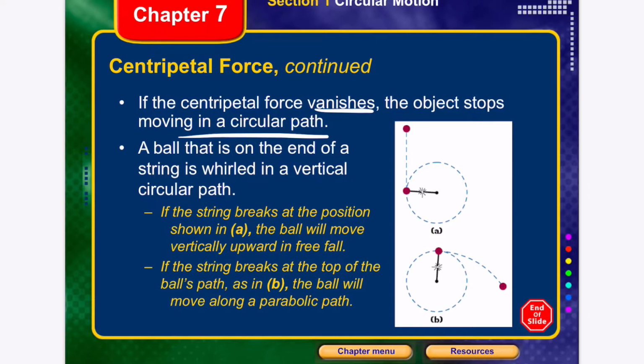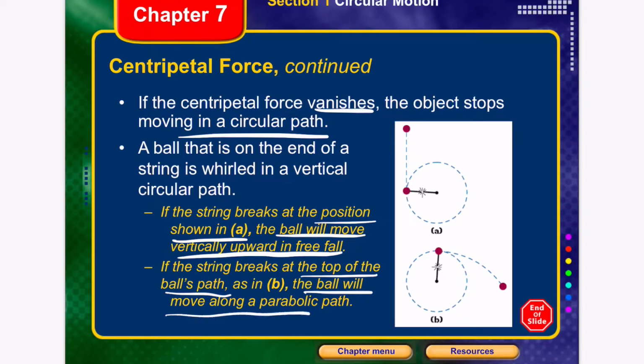Now, there are two cases that we can consider. If the ball breaks free at the position shown in A, the ball will move vertically upward in free fall. Now, if the string breaks at the top of the ball's path, as in B, the ball will move along a parabolic path. This is mainly due to the fact that the force of gravity acts in two different directions.